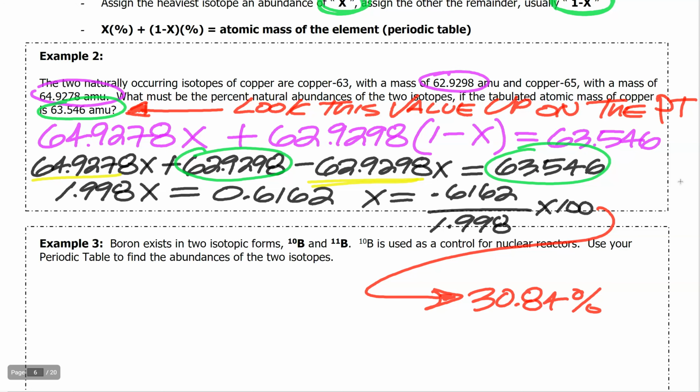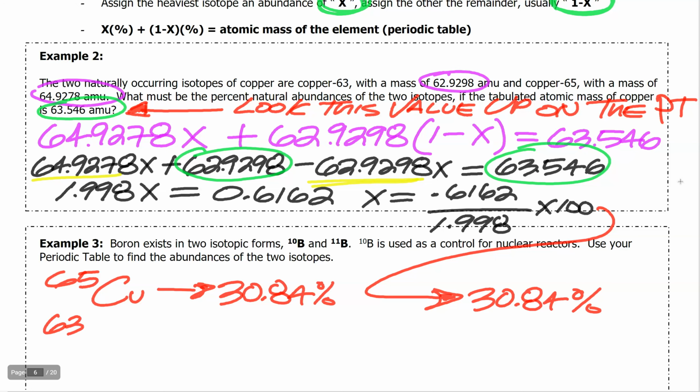Okay, now this percentage goes with the heavy one. So the heavy one was going to be the one that weighed 65, right? So that is the copper up here. These are copper, so that's the copper 65. So the copper 65 we know is 30.84%. So that means that the copper 63, which is the other one, is just going to be the remainder.